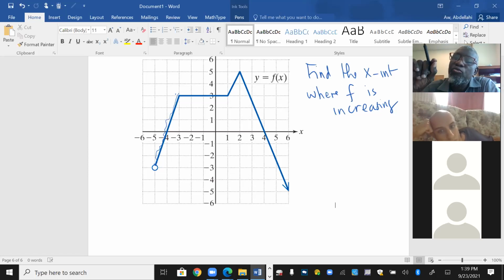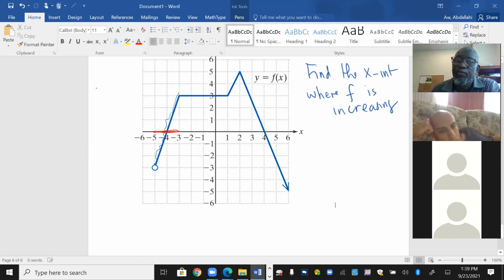But what do I follow? Do I follow the points or do I follow the axis? I follow the axis. From what x to what x? You see, the graph is going up from this x to this x. Everybody agree with that? Okay.